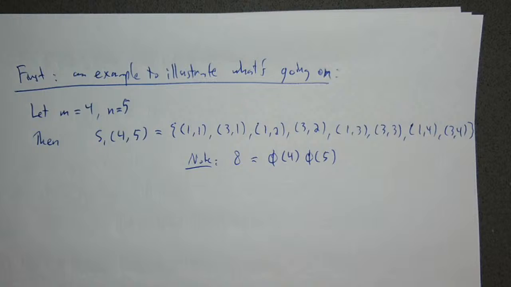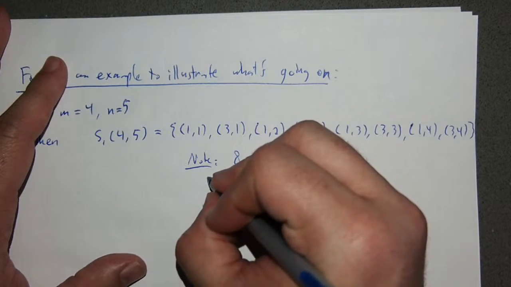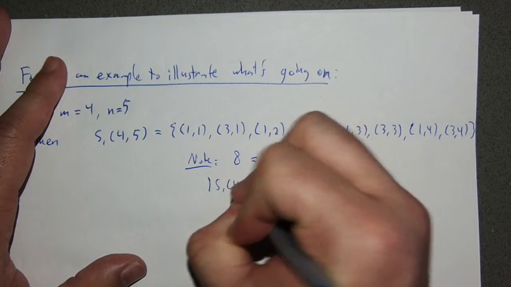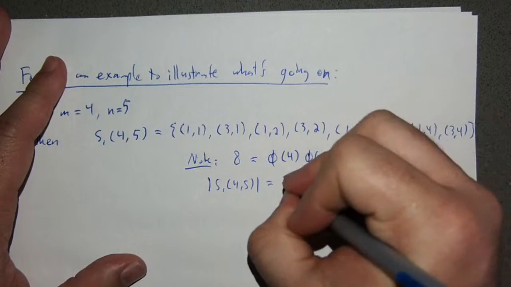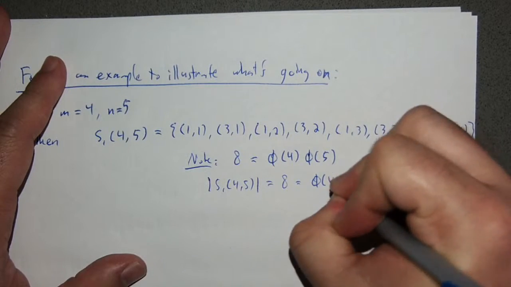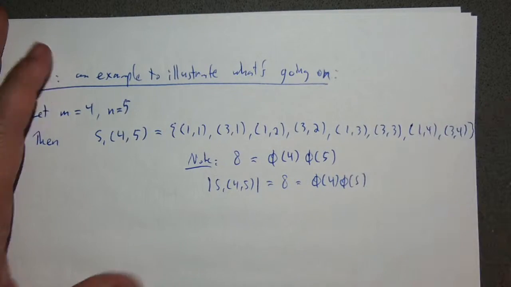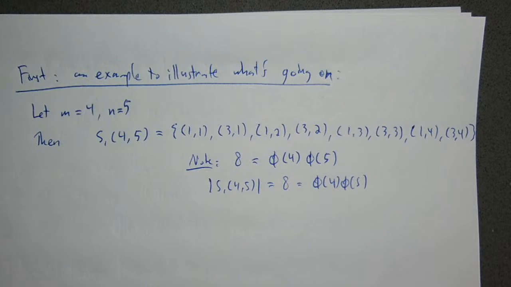All right. So the size of S sub 1 of 4, 5 is 8, which is phi of 4 times phi of 5.